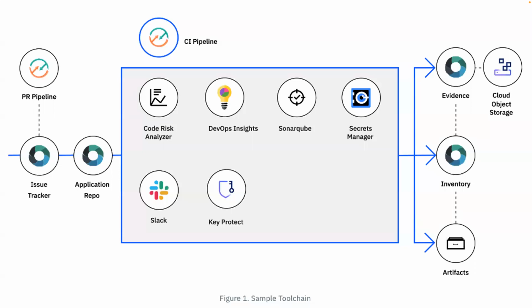Once your source repository is connected, there are multiple tasks. You can run the code risk analyzer, and you can also have DevOps Insights. Once you create the artifacts, you can store them, and you can even send them to IBM Cloud Object Storage too.